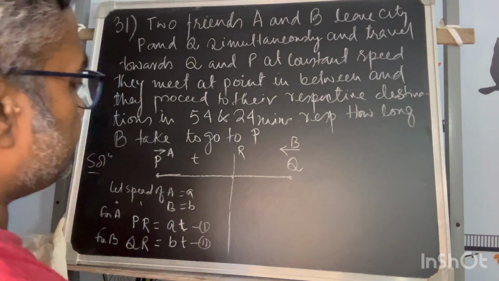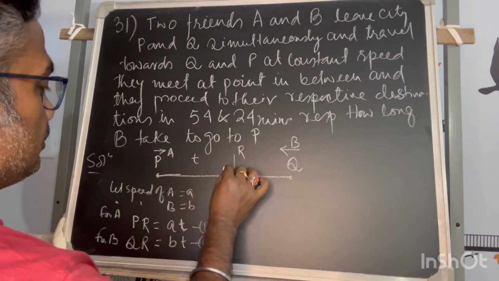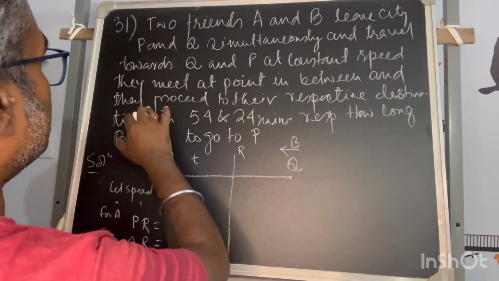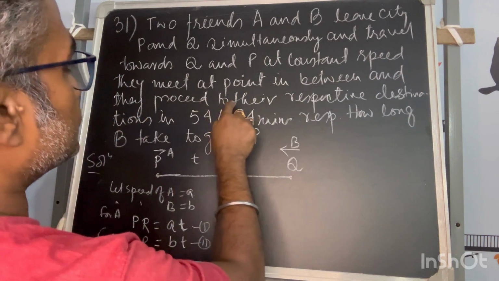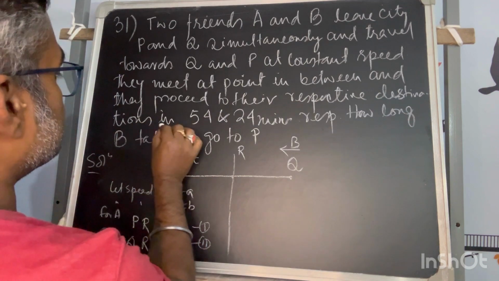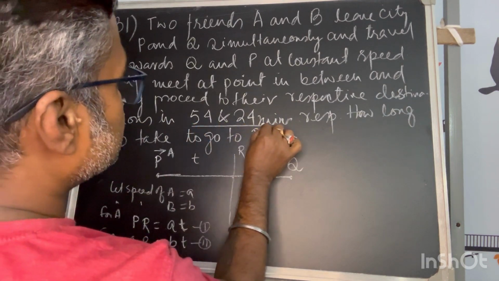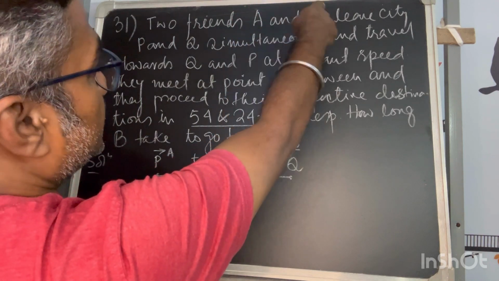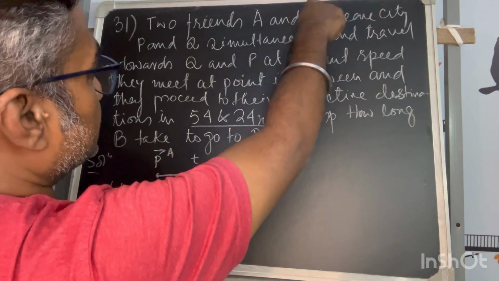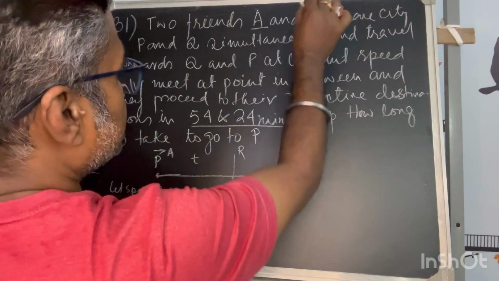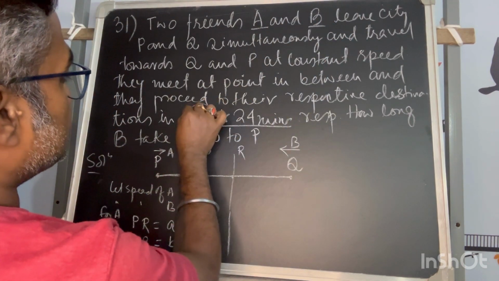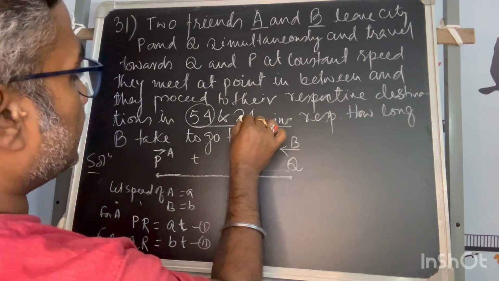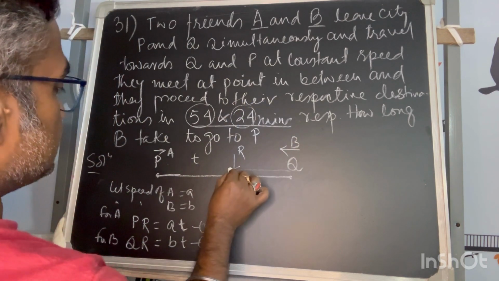For the next set of equations, after meeting, B will start moving this way, so B will cover this much. What they say is that they proceed to their respective destinations. The respective means the hierarchy that is maintained from the first line: A is first, B is second. This is the time taken by A to reach this distance, and this is the time taken by B to reach this distance.